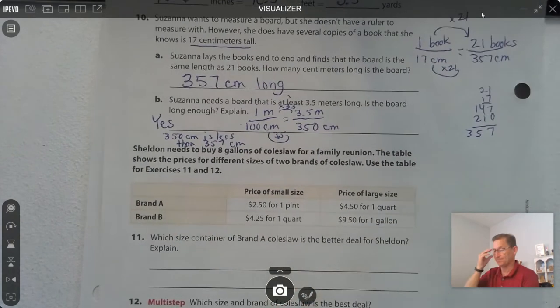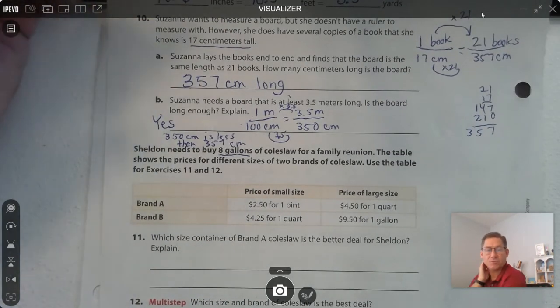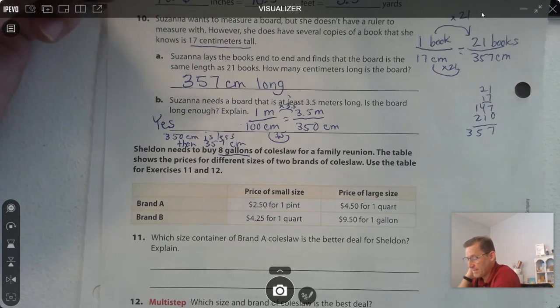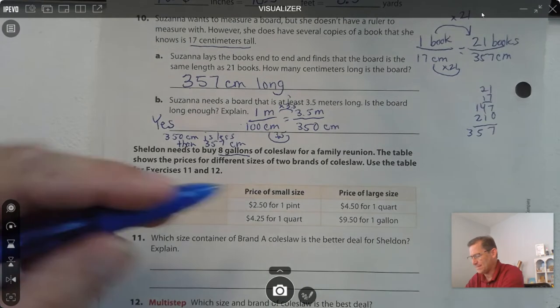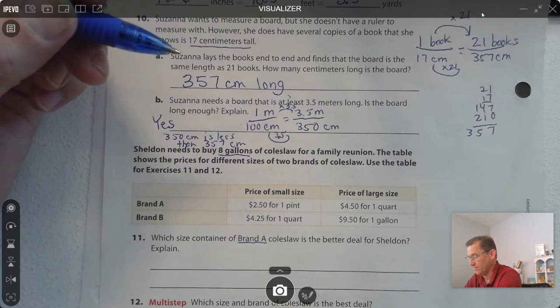All right, number 11. Sheldon needs to buy 8 gallons of coleslaw for a family reunion. The table shows the prices for different sizes of 2 brands of coleslaw. Use the table for exercises 11 and 12. All right, which size container of brand A coleslaw is the better deal for Sheldon?